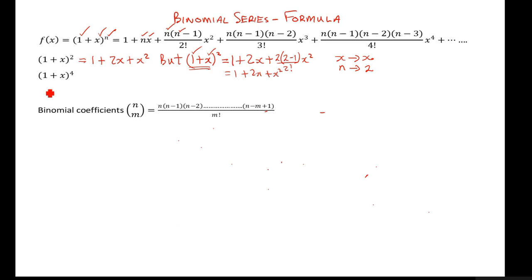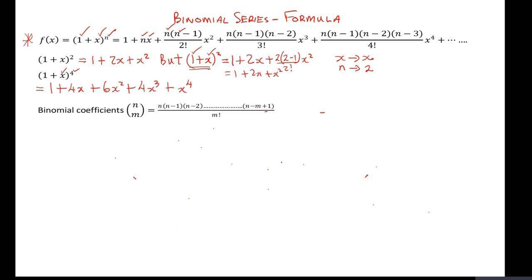Now, the next, 1 plus x to the power 4, I'm going to use the binomial series. x stays x, n is replaced by 4. So if I substitute that into the binomial series formula, wherever I see x, I leave the x. Wherever I see n, I put 4. I will get as an answer 1, then 4x, 6x squared, plus 4x cubed, plus x to the power 4.